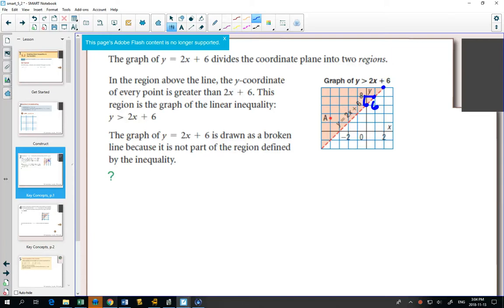What is new is with an inequality, you have to shade part of the graph. So you draw your line, and after you draw your line, you have to shade either above your line or below your line. So how does it work? A couple of things, and this is what I like, on the side, I'd like you to write the following.